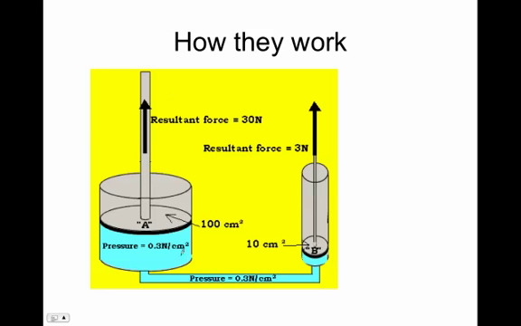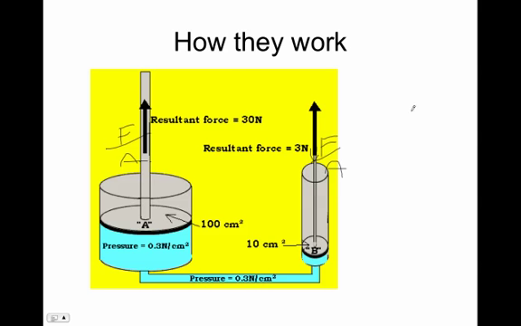Let's look at this picture. So the pressure throughout here is 0.3 newtons per centimeter squared. So I can push down with a 3 Newton force here, and I can get a 30 Newton force here. Why is that? Because the force over the area here must always equal the force over the area on this side.